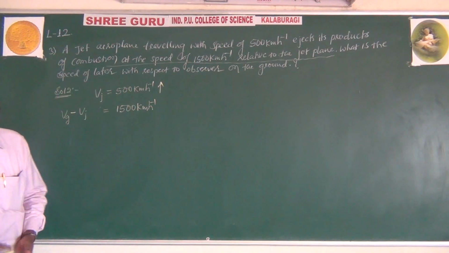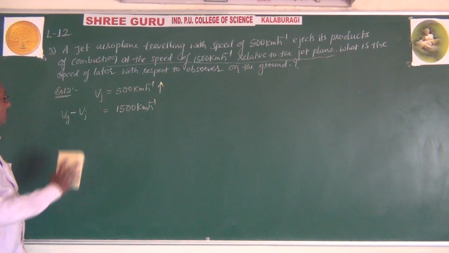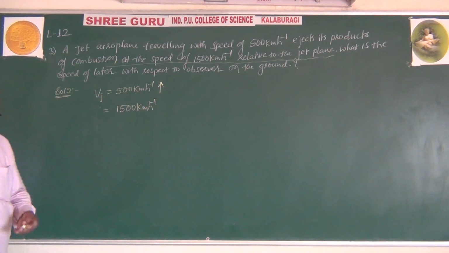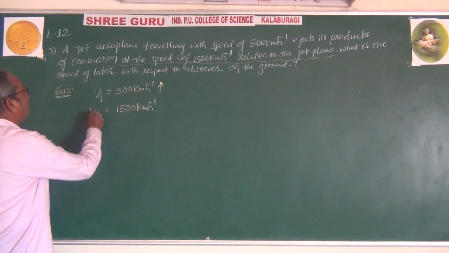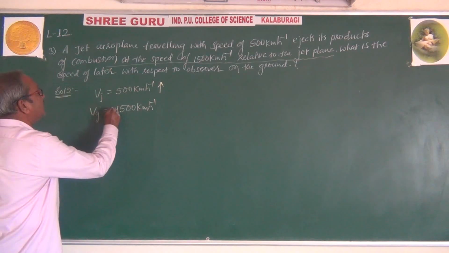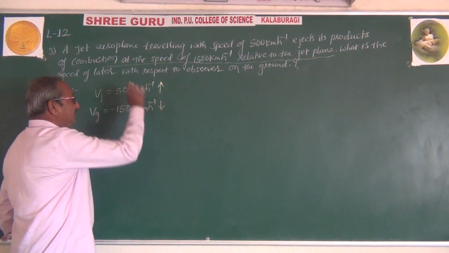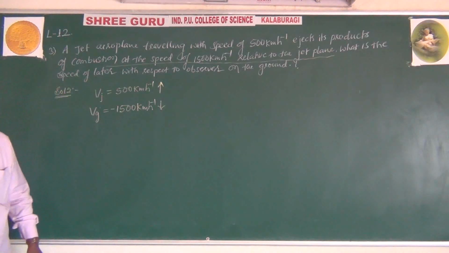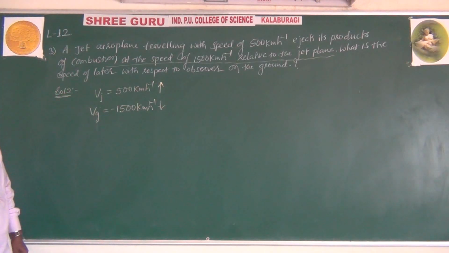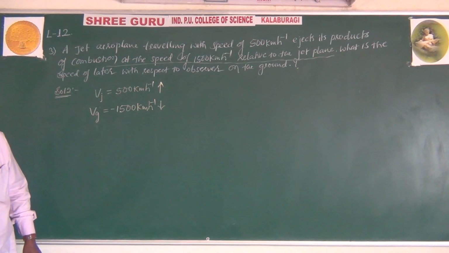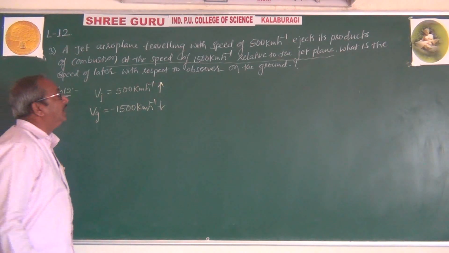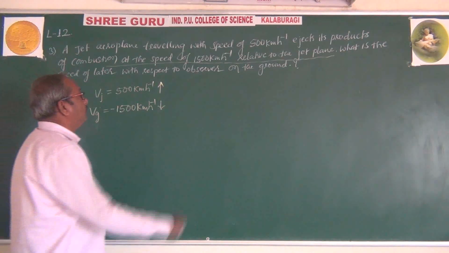The relative velocity. One minute, we will go for this one. I will write it as V of G, and this is minus because this is upward and this one is downward. Now we have to find out what is the speed of radar with respect to the observer on the ground.